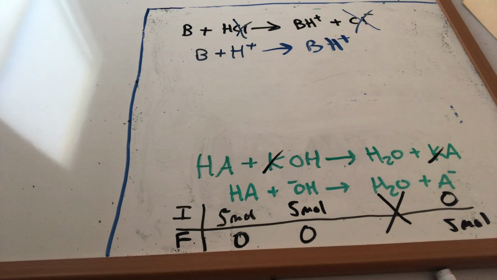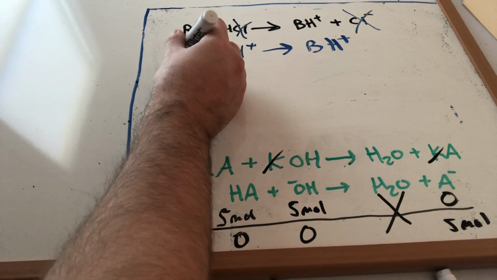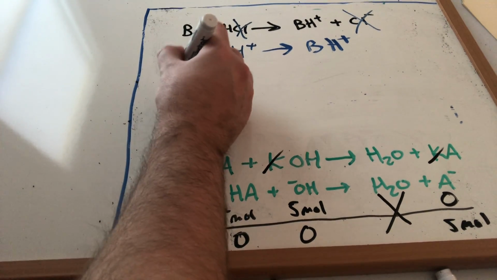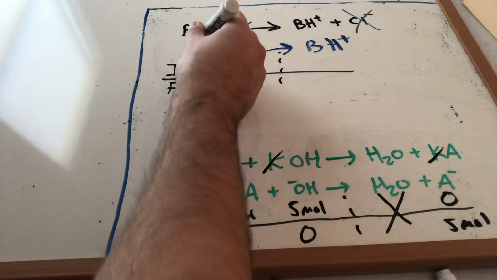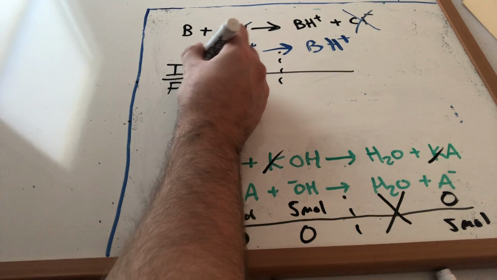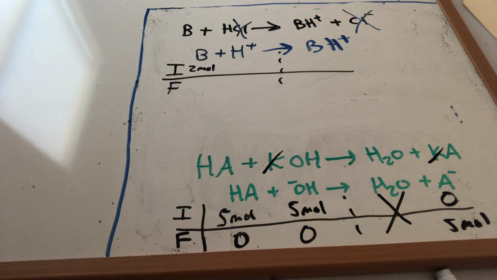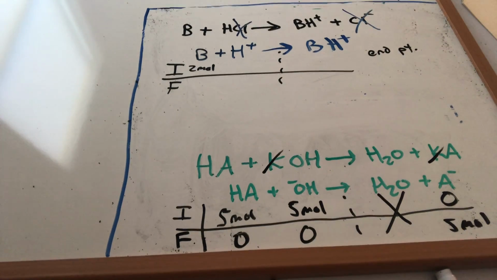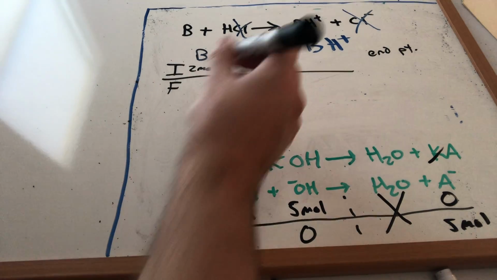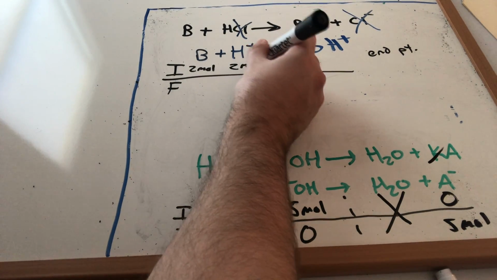If I do an ICE table here, and let's say with the information of the problem, I find that I have, let's say, just 2 moles of this to start with. At the end point and at the equivalence point, right? We don't have to be there, but just to solidify the idea. How much H plus have you added? Well, you've added the stoichiometric amount.